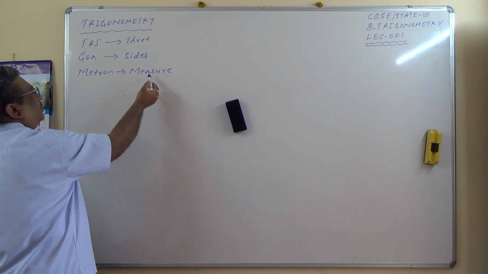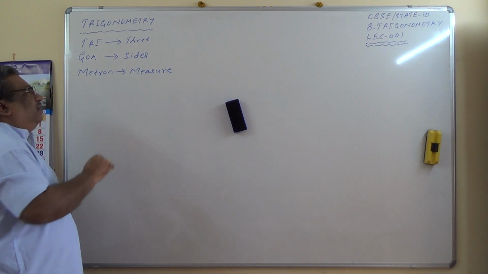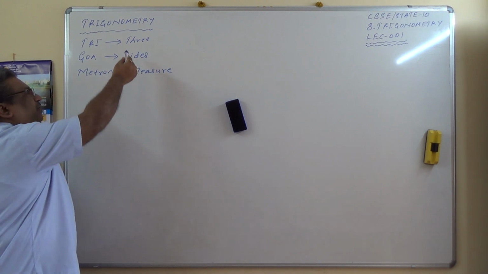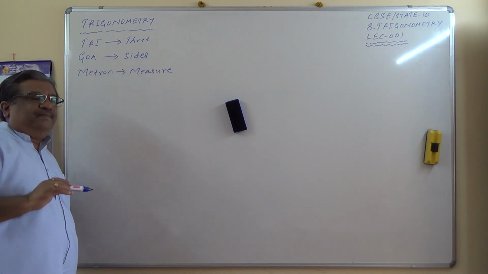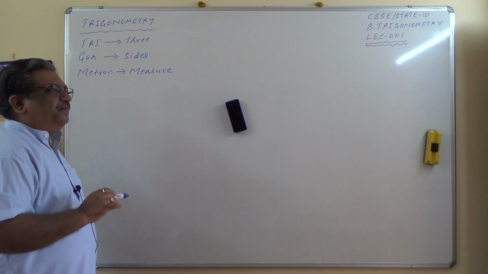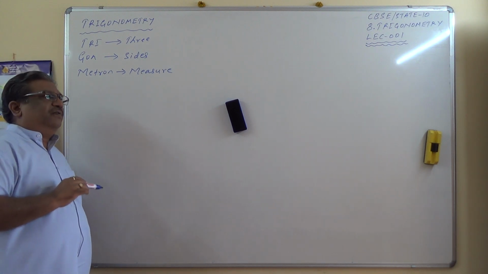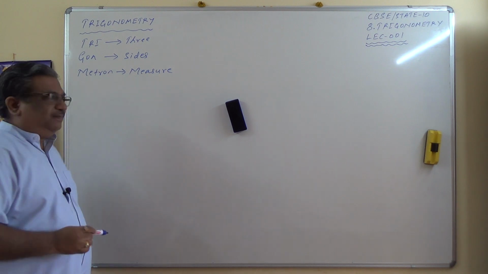Measurement of 3 sides of a triangle. Basically, even though you can read something like this, measurement of 3 sides of a triangle, actually speaking, trigonometry deals with the study of relationship between angles and the sides.